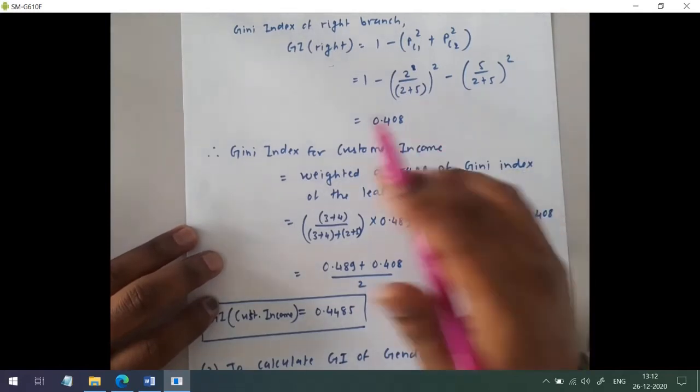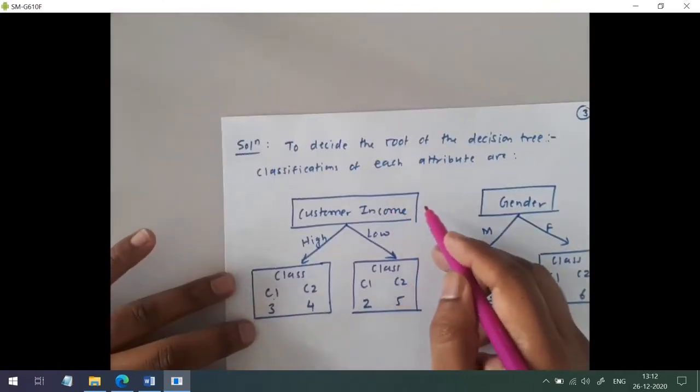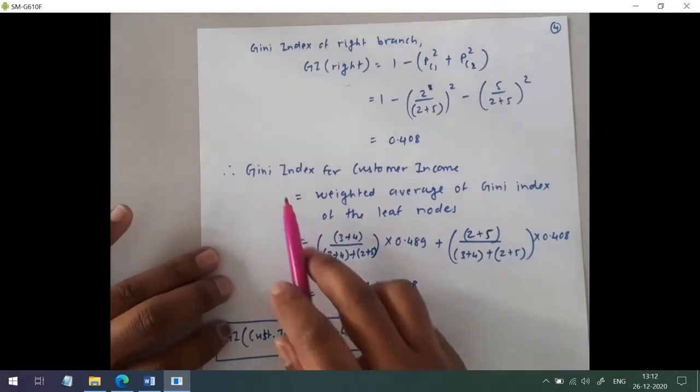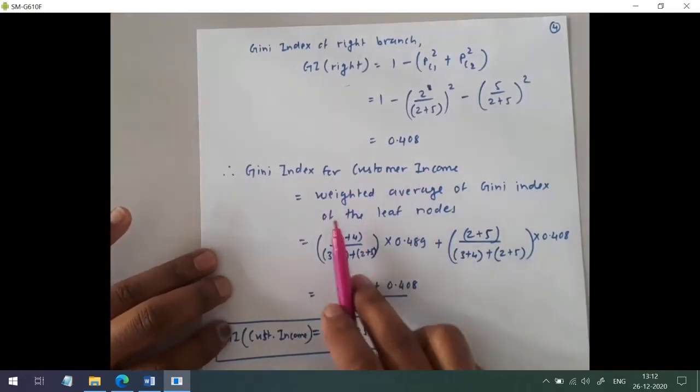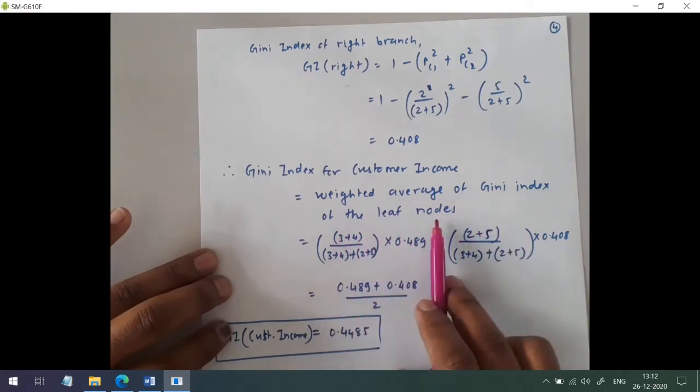Then from these two GI values we have to calculate the GI index of this attribute. It will be a weighted average: GI index of customer income equals the weighted average of GI of the leaf nodes.